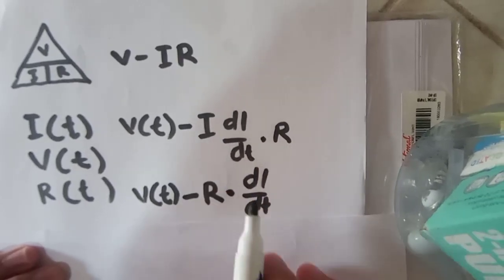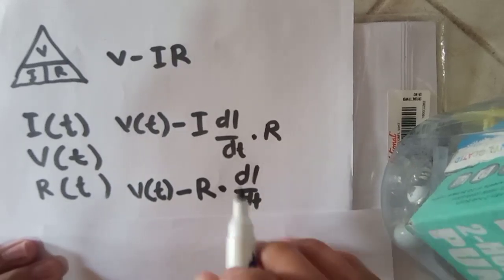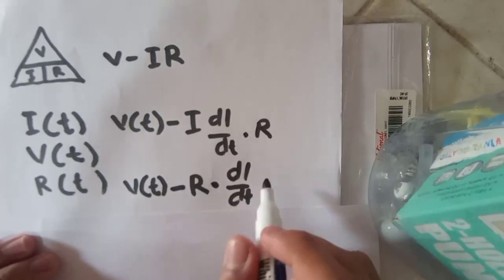Don't get bothered, it's the same as this equation: dI over dt represents I.